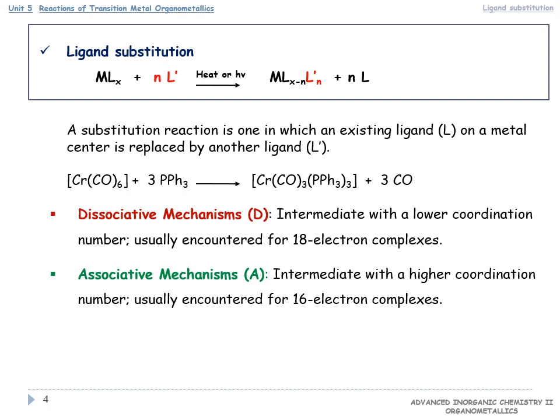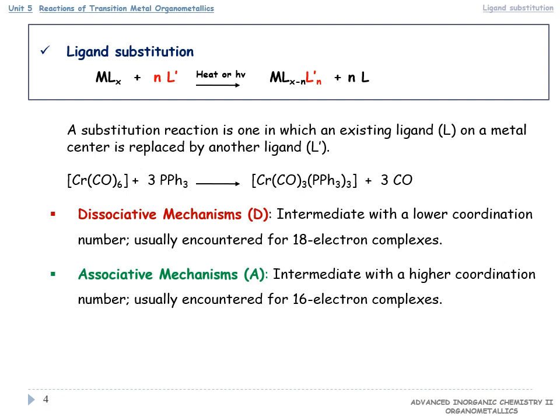Although there are many other situations which are also possible between these two cases, you have already studied these pathways with the corresponding factors affecting the rate of the reaction in Advanced Inorganic Chemistry 1, so I would not repeat them here.